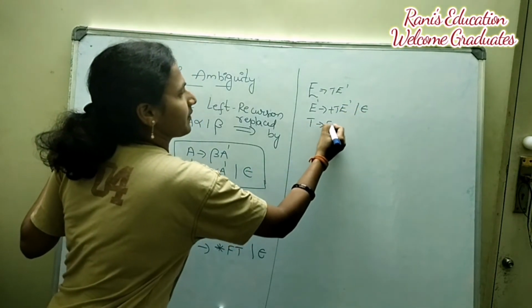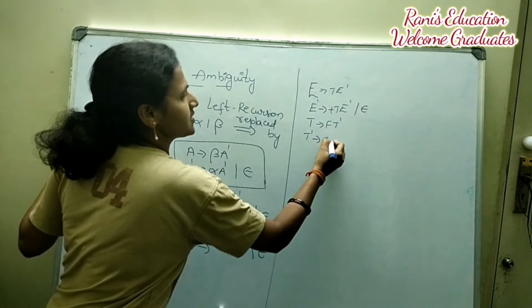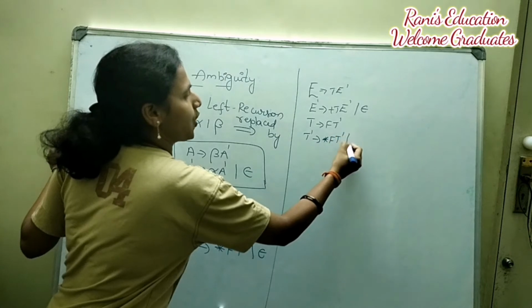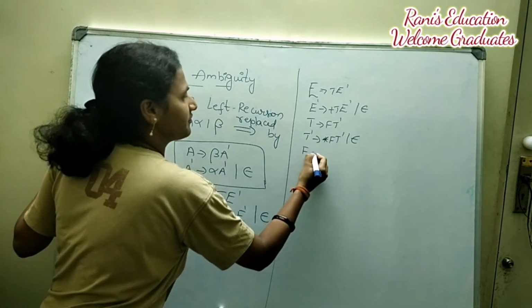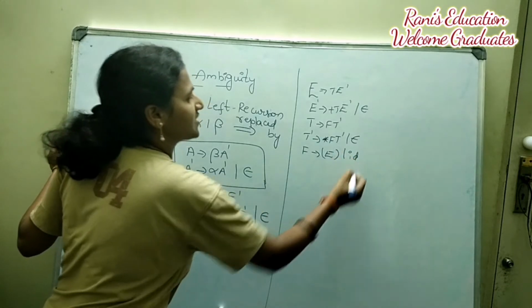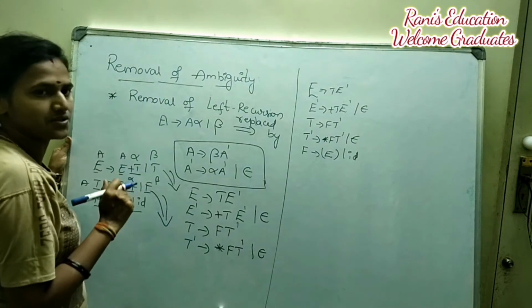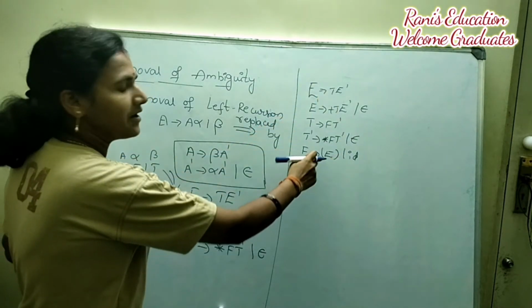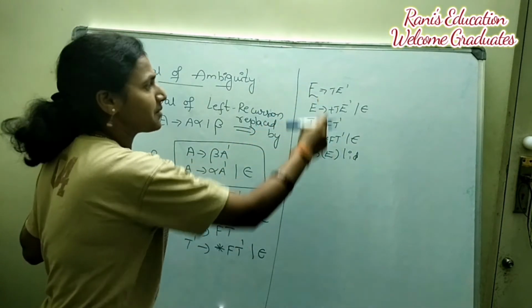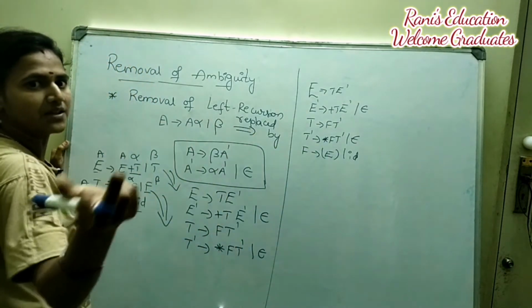T derives F T dash, T dash derives star F T dash or epsilon. F derives E or id. This is how we remove the left recursion from the context-free grammar, and this grammar is free from ambiguity. Now move on to the second method.